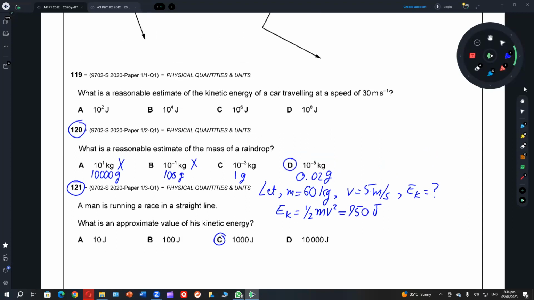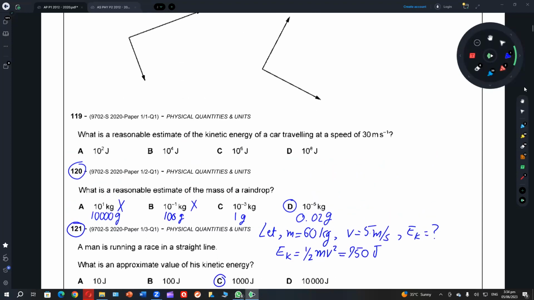What is a reasonable estimate of the kinetic energy of a car traveling at 30? How much mass? Cars start from around 1 ton. So if I take, let's try that.